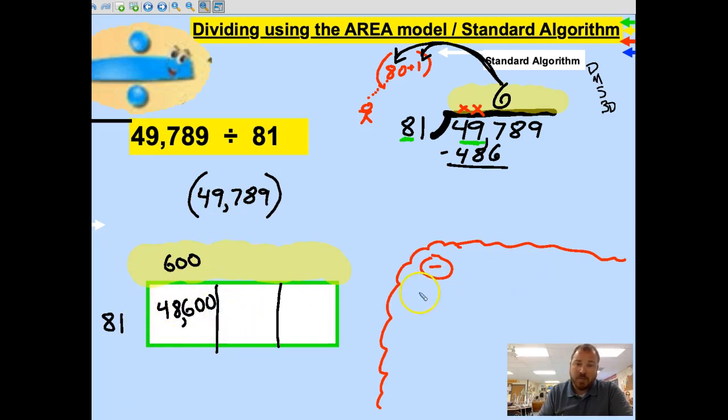In my subtraction bubble, I'll write out what we started with, 49,789, and I'll take away what we just passed out, 48,600. Okay, I'll do our subtraction here, and we have 1,189 left to pass out. Same subtraction happens up in our standard algorithm.